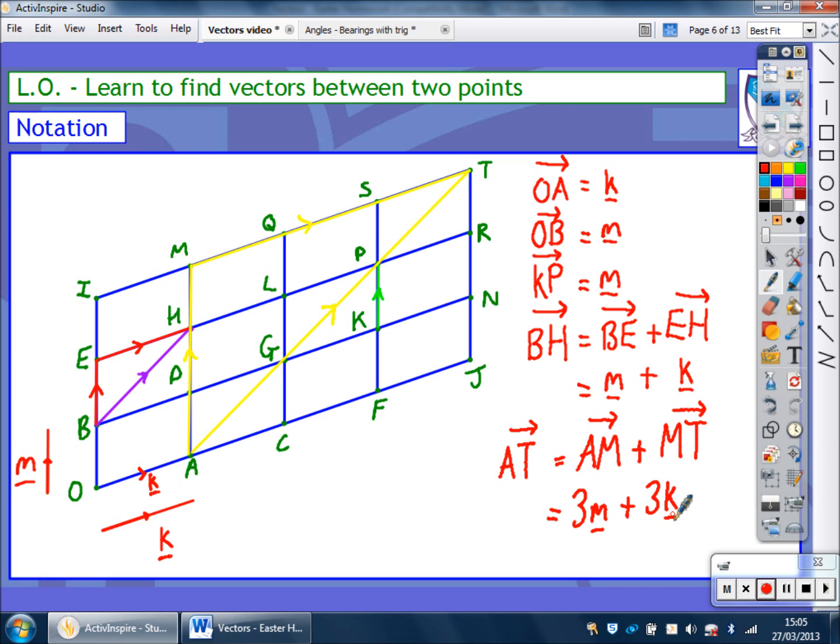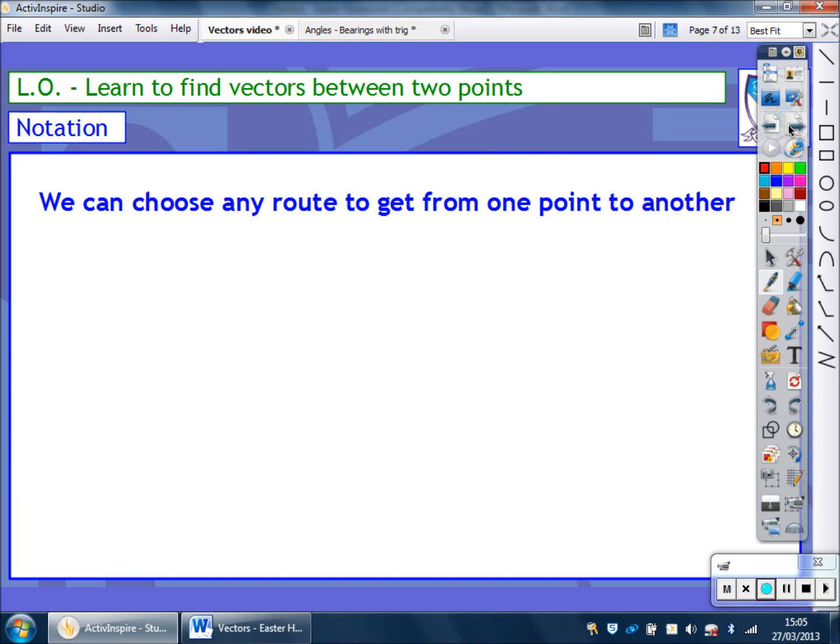And that's basically how you find vectors between 2 points. You just have to look at the vectors that you've already got and try and combine them in different ways until you can get from the point you're starting at to the point you want to get to. And just one important thing to note is that we can choose any route to get from one point to another.